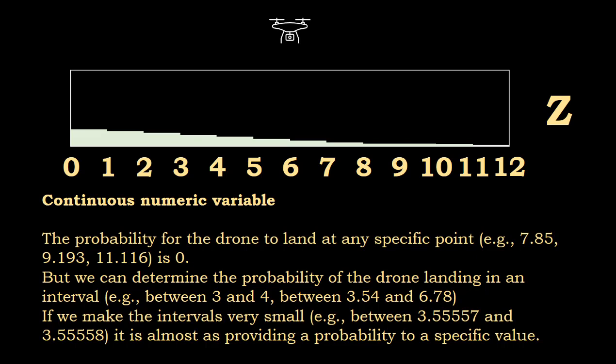Now, if we make the intervals very, very small, like the interval between 3.55557 kilometers and 3.55558, a very tiny interval, then it is almost like assigning a probability to the value between those two numbers.